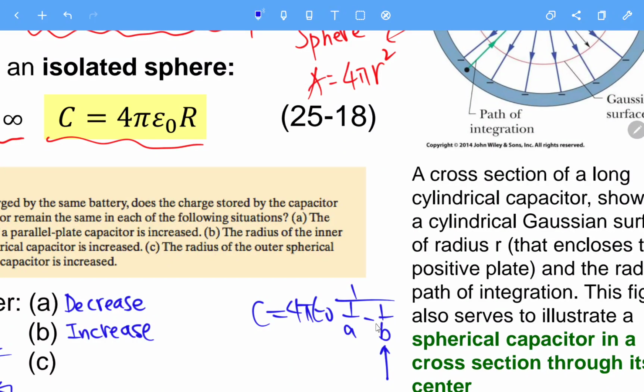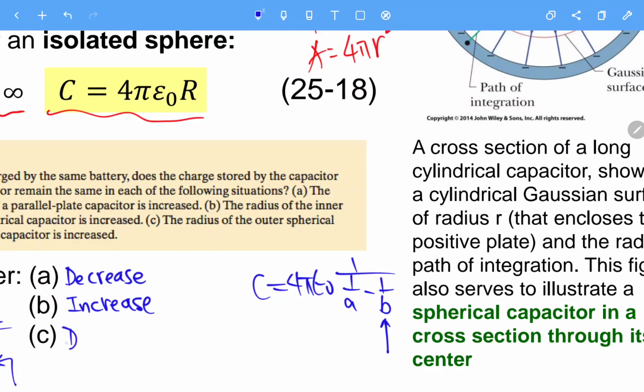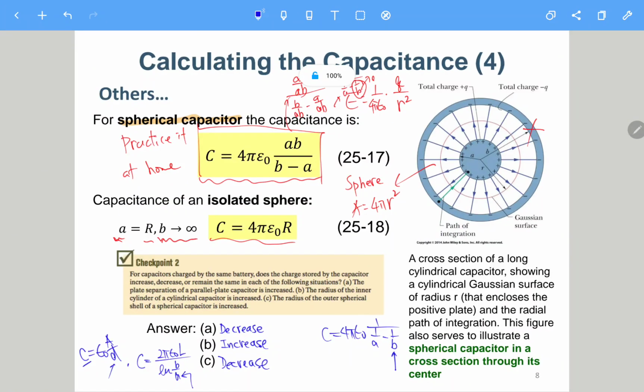If B increases, 1 over B will decrease. With the negative sign, this will increase, so the denominator increases, and finally C will decrease.